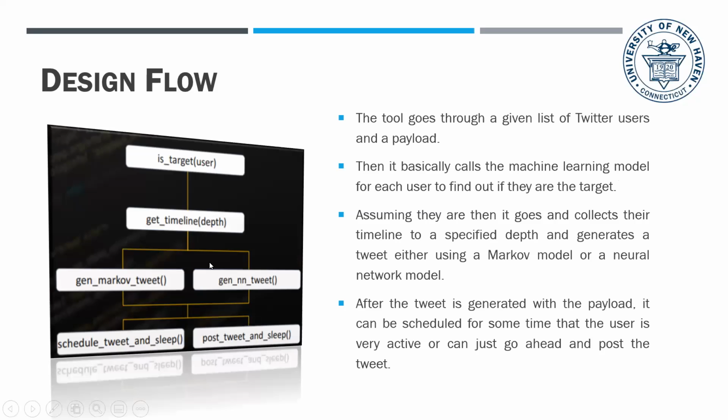So let's talk about the design flow. For the tool, first we give a list of Twitter users and the payload, and then it calls the machine learning models to find out if they are the target, and assuming they are, it collects their timeline to a specified depth and generates a tweet either using a Markov model or a neural network, which is LSTM.